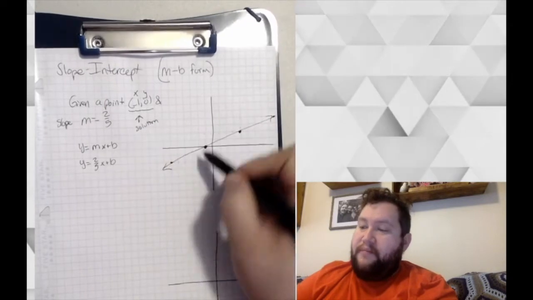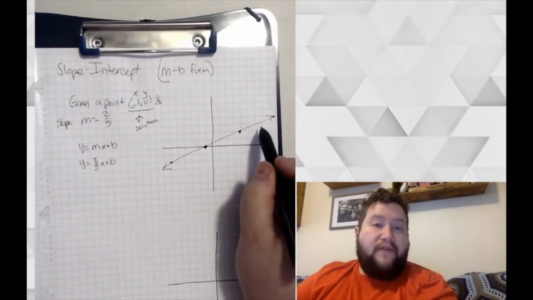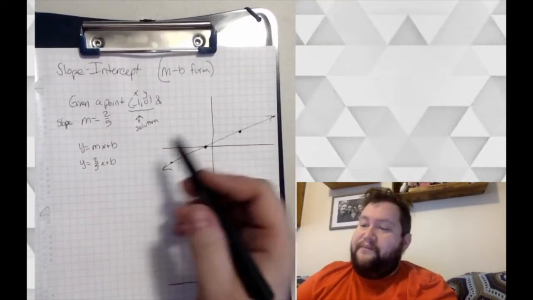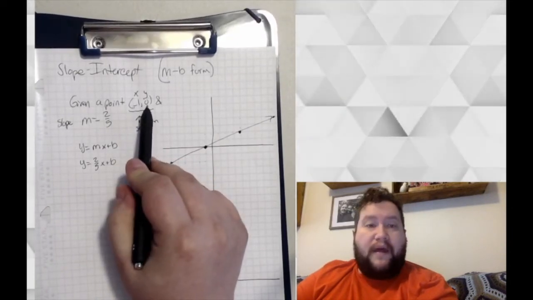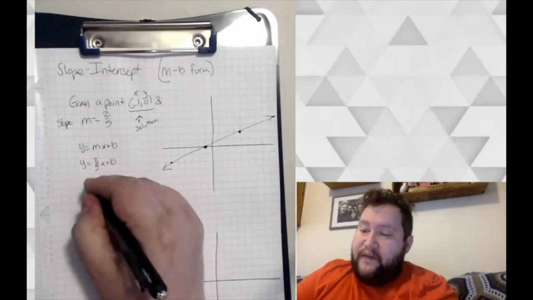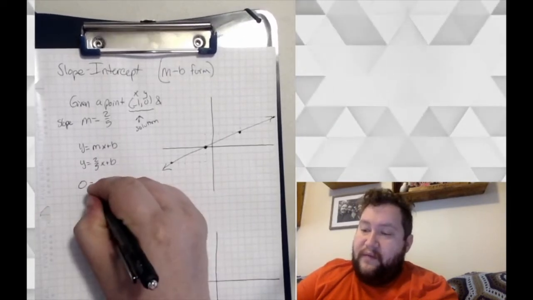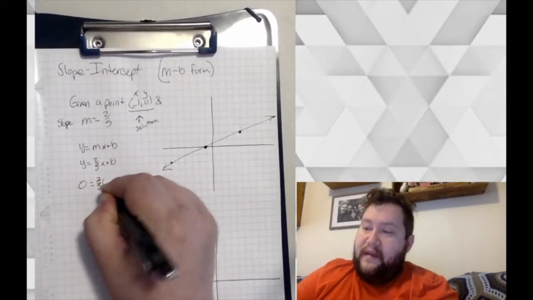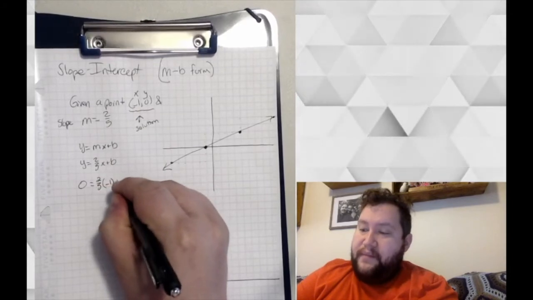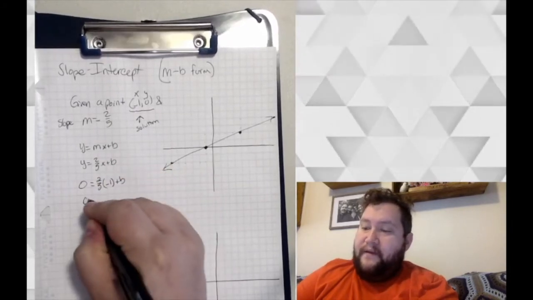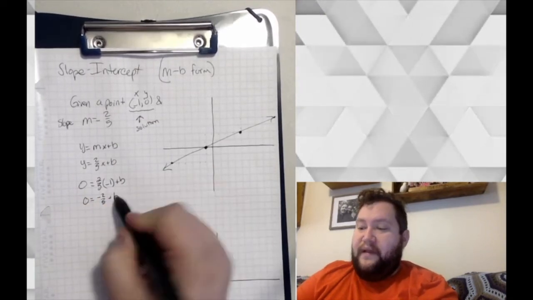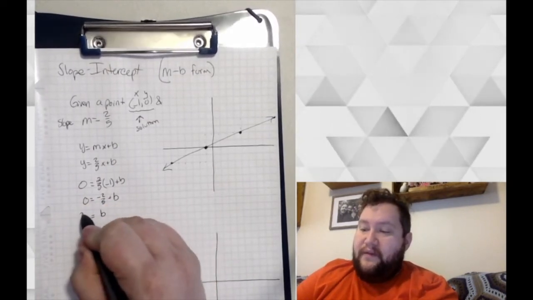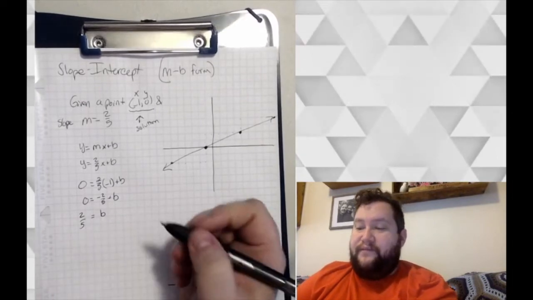Remember, all of the points on our equation or our graph are solutions to our equation. And so we can substitute negative 1 in for x and 0 for y and see what we get. So here we have 0 equals 2/5 times negative 1 plus b. 0 equals negative 2/5 plus b. And solving for b, b equals 2/5.